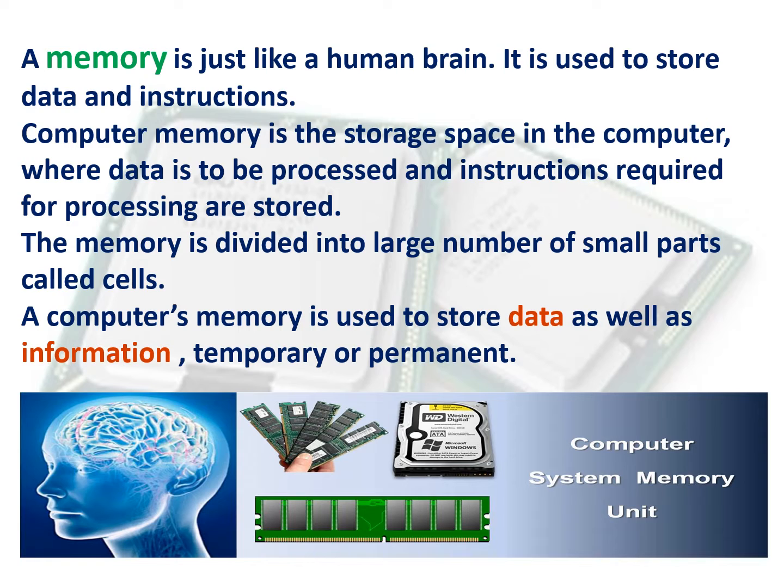A computer has a larger memory than ours. It will never forget and it can keep any information for a long time. So, computer memory is used to store data as well as information. It can be temporary or permanent. So whenever you want that data, you can open your computer and you can get that data.